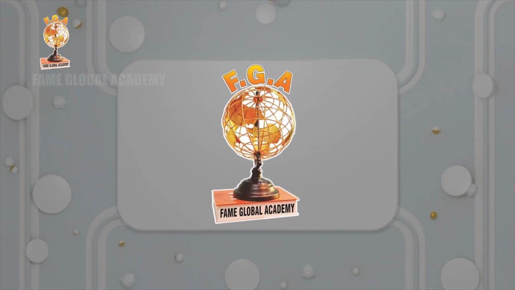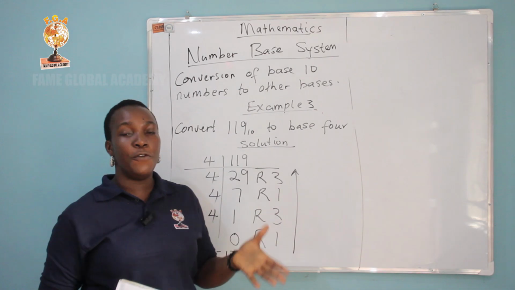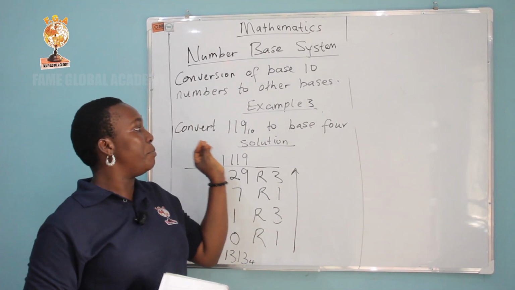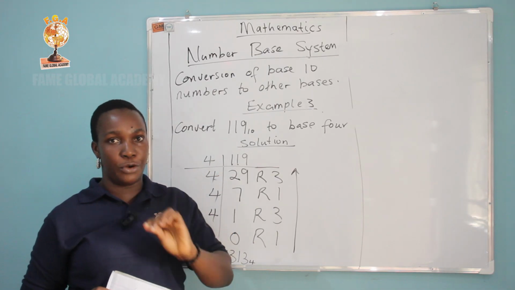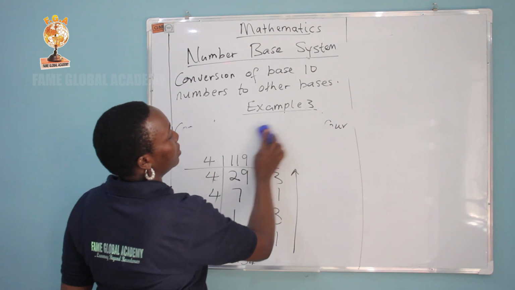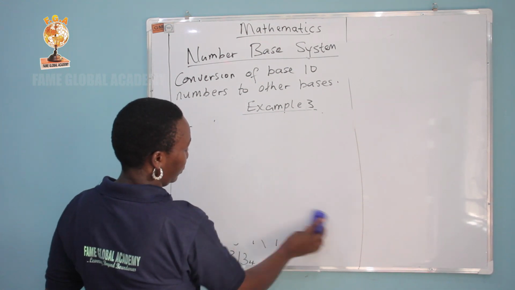Okay, now example 4 is going to be a different example. We are going to be converting base 10 to a binary number, which is also called base 2. Alright, so let's go to example 4.